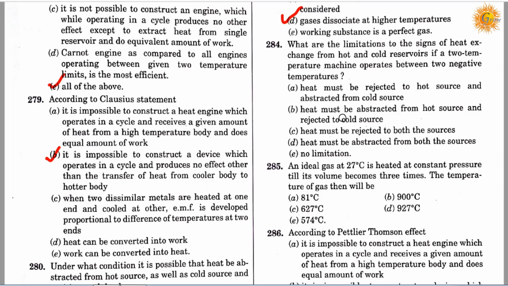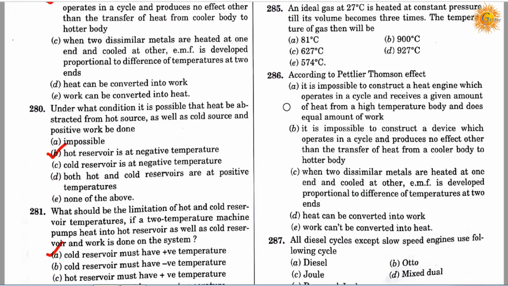Option B, heat must be abstracted from hot source and rejected to cold source. Option C, heat must be rejected to both the sources. Option D, heat must be abstracted from both the sources. And option E is no limitation. So correct answer is E, no limitation.